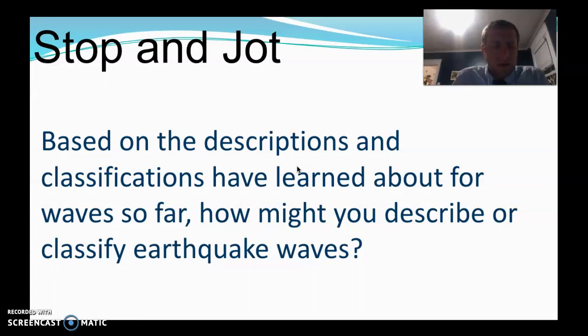If you were to classify earthquake waves, just take a second to think about this. Stop and jot about it. How would you describe and classify an earthquake? In terms of its form, would it be longitudinal or transverse? And in terms of its need for a medium, does it need something to go through?